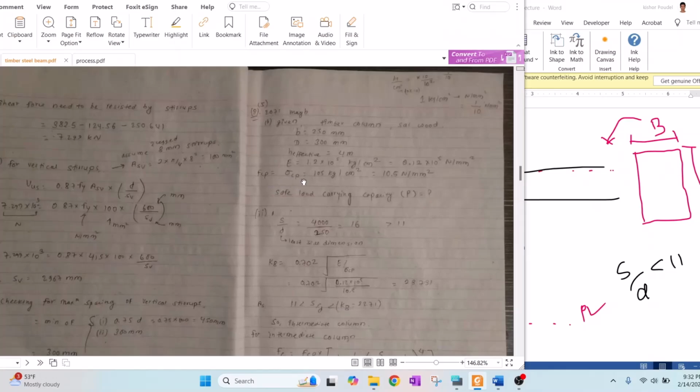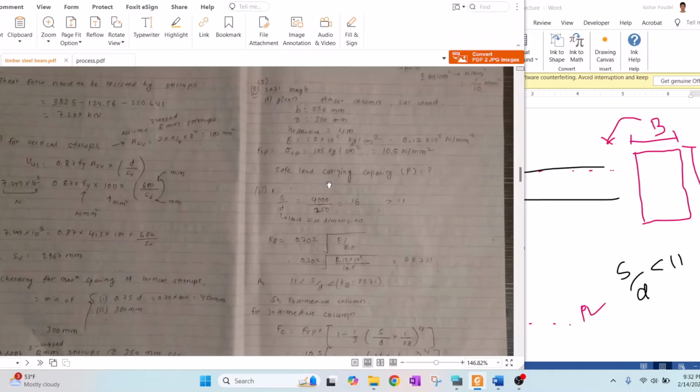It's just notation related to stress. The permissible compressive stress for a column section is 105 kg per cm squared, which is also converted to 10.5 Newton per mm square here. So we have to find out the safe load carrying capacity of that column member.